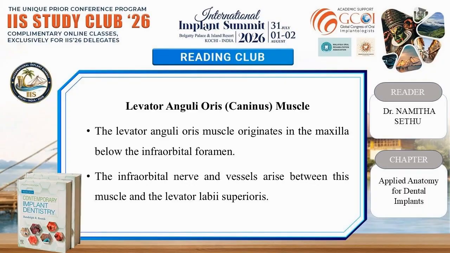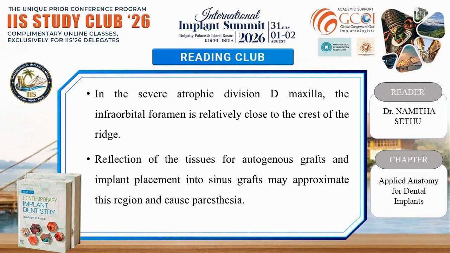Levator anguli oris muscle. The levator anguli oris muscle originates in the maxilla below the infraorbital foramen. The infraorbital nerve and vessels emerge between this muscle and the levator labii superioris. In the severely atrophic division D maxilla, the infraorbital foramen is relatively close to the crest of the ridge.